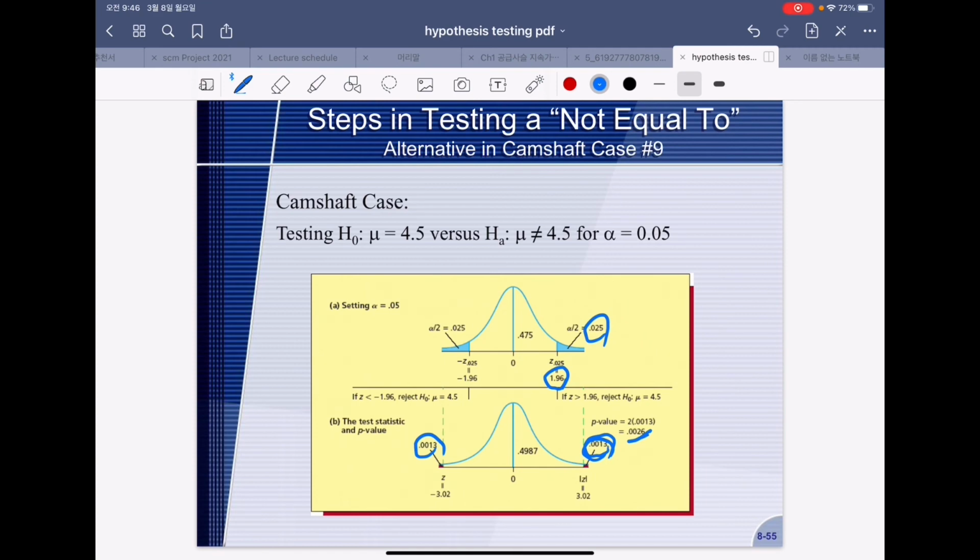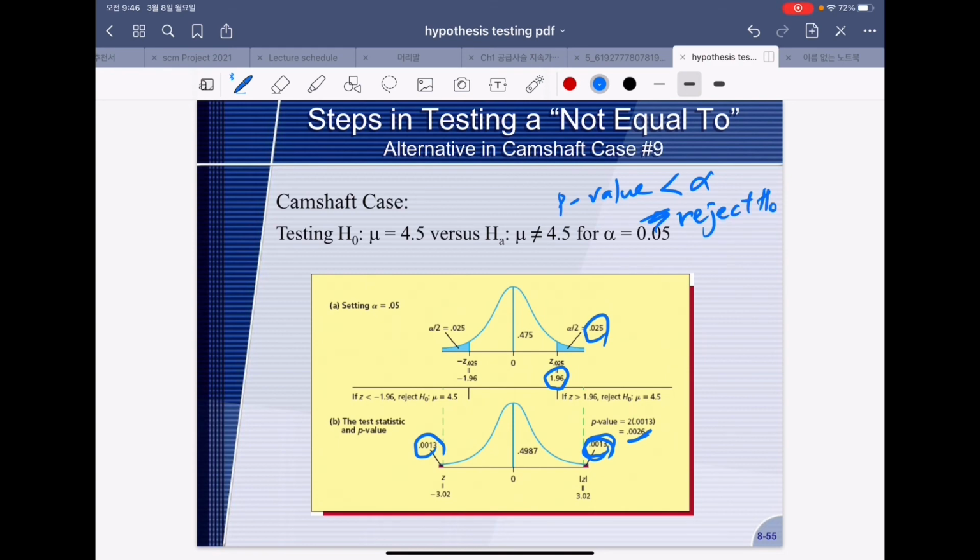Making the conclusion is the same as before, right? If the p-value is less than alpha, you reject the null hypothesis. Okay.